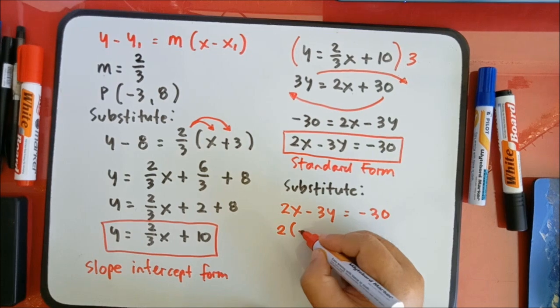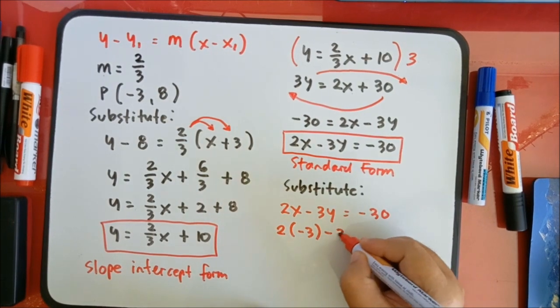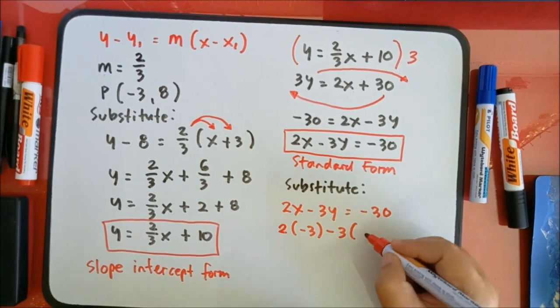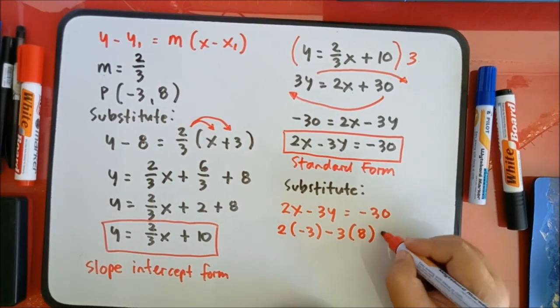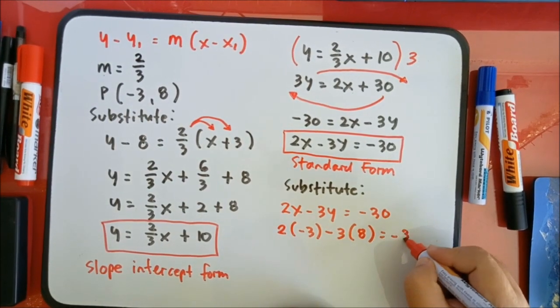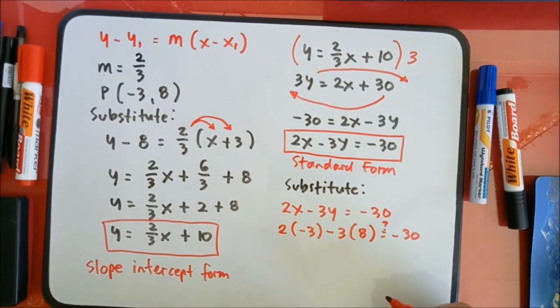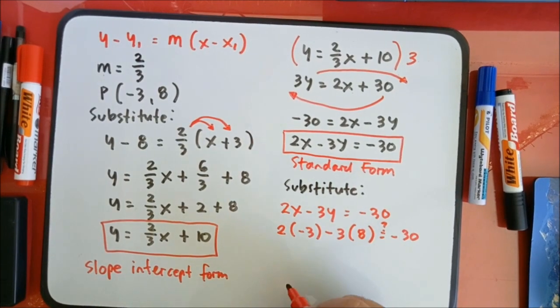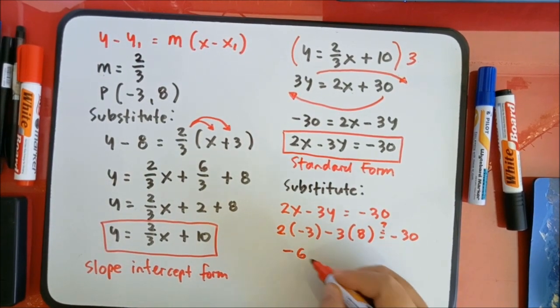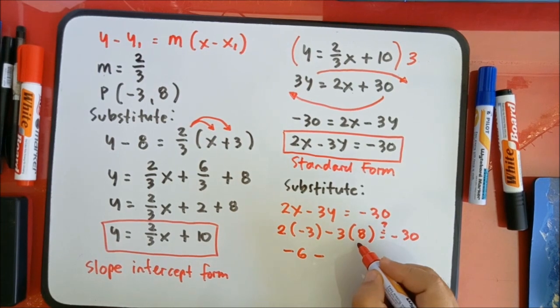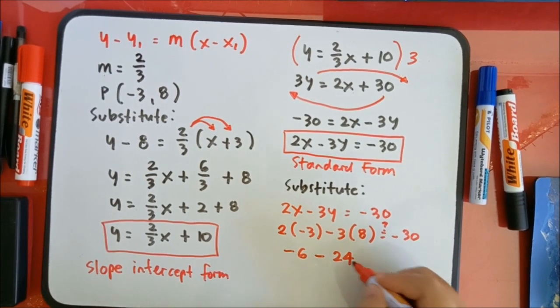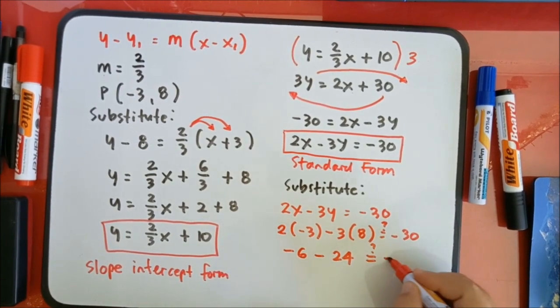This will become 2 times negative 3 minus 3 times 8. Saan galing ang 8? Doon sa ating point. Equals negative 30. Equal nga ba? Tanong natin. So 2 times negative 3 will become negative 6. Negative 3 times 8 is negative 24. Equal nga ba sa negative 30?